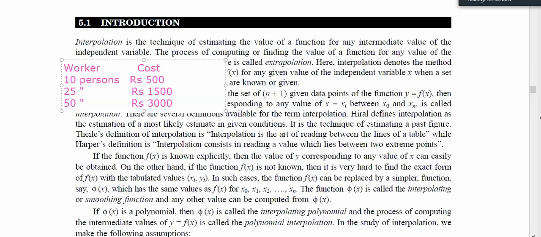So, corresponding to 10 workers against any work to get it completed, rupees 500 is involved. When 25 do certain work, rupees 1,500 is incurred. And if 50 perform the work, then rupees 3,000 is involved as a cost.